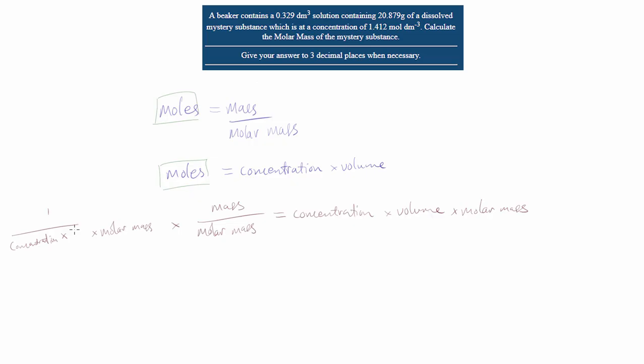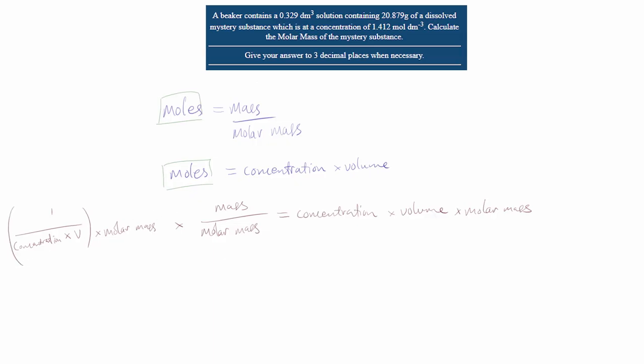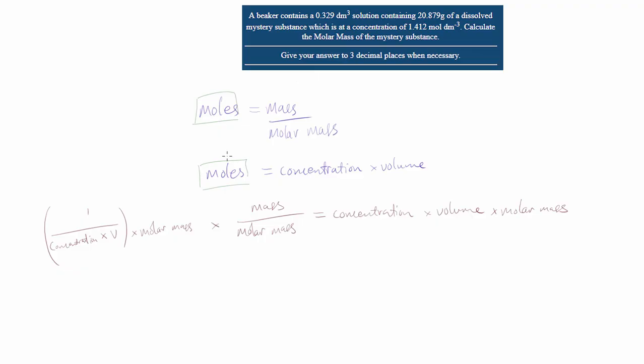I'm just going to put V for volume because I've run out of space. If we work out what that is, the molar mass here obviously cancels to get 1.